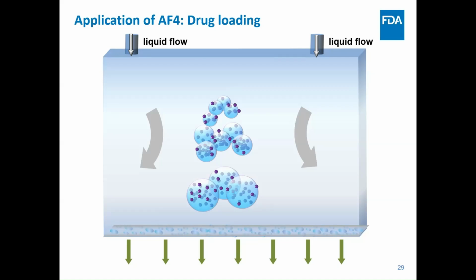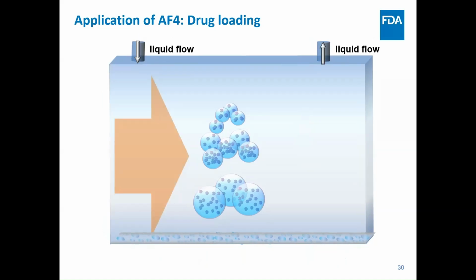In this case, we inject the sample into the channel, and this instrument setup is quite similar to a focusing step. Under the continual application of cross flow, the API that is dissolved in the solvent and the API that is loosely bound to the surface of the carrier will be washed out from the carrier, pass through the membrane, and go to the cross flow port.